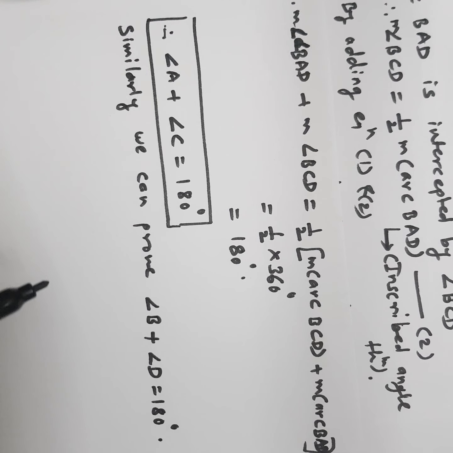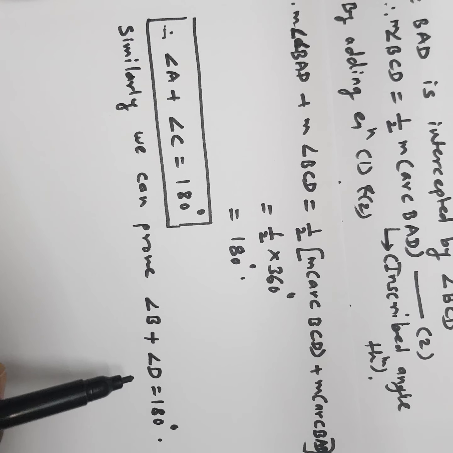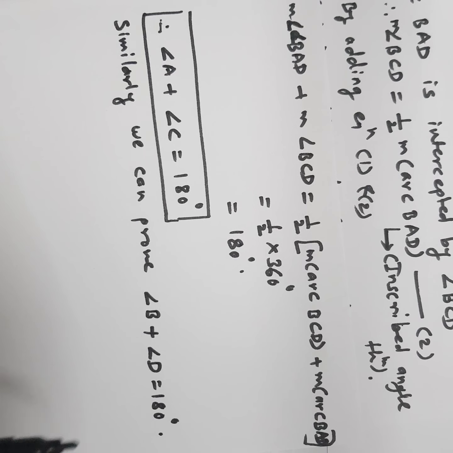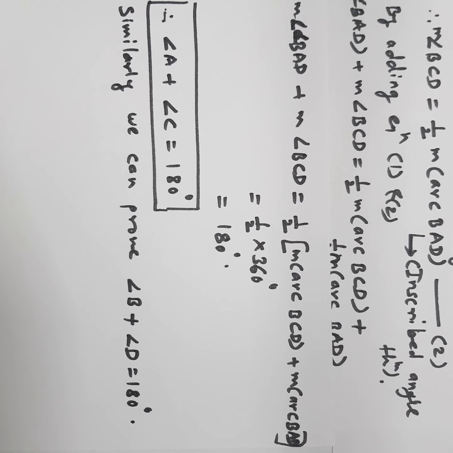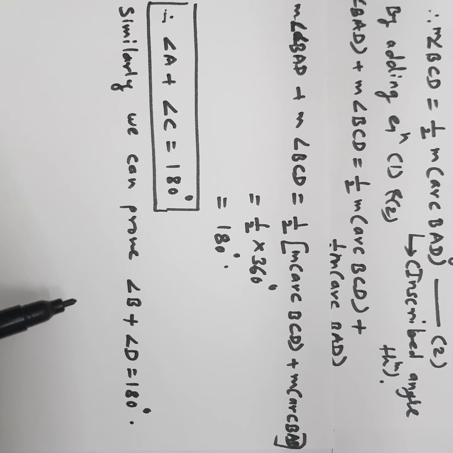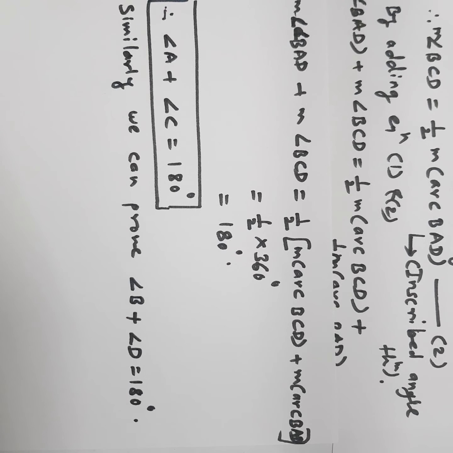Therefore, angle B plus angle D is equal to 360 minus 180. Then angle B plus angle D will be 180 degrees. In both ways we can prove it, or simply we can write similarly, we can prove angle B plus angle D is equal to 180 degrees. That means opposite angles of a cyclic quadrilateral are supplementary.